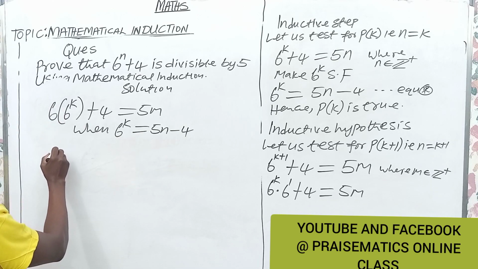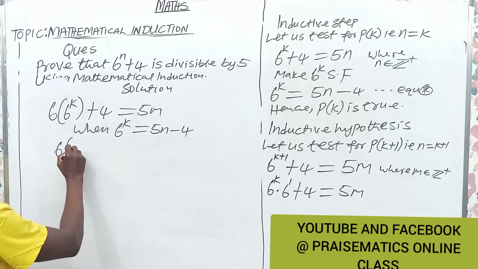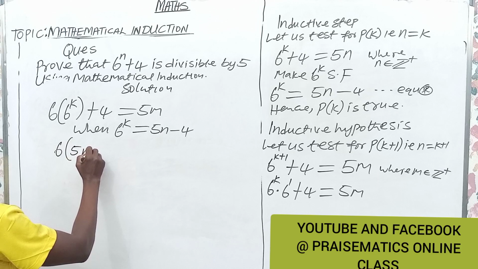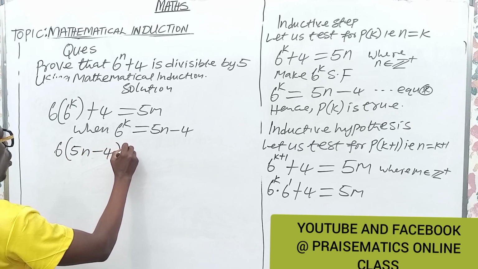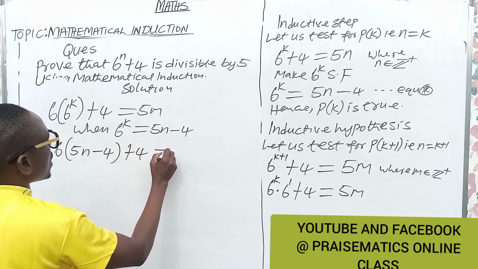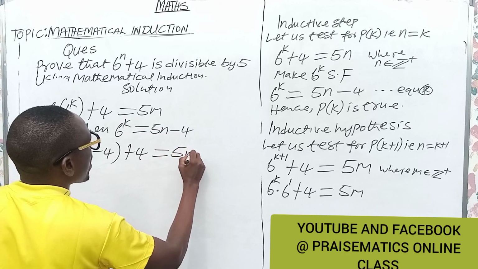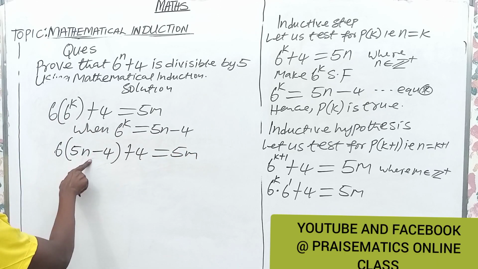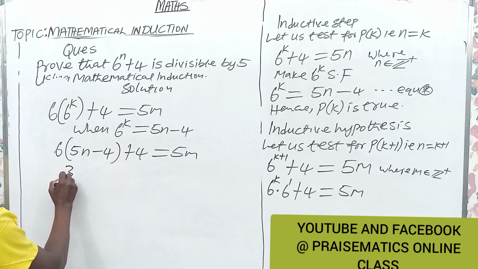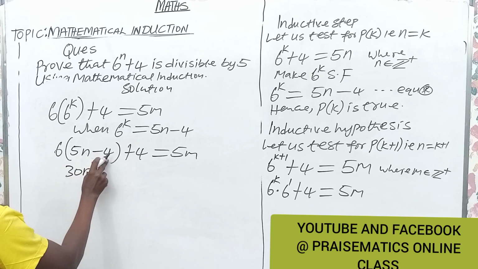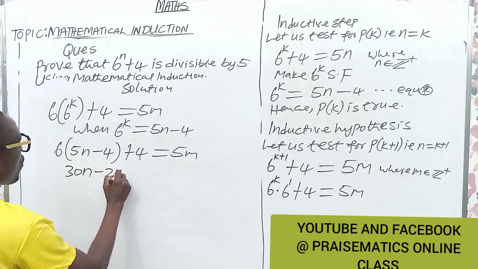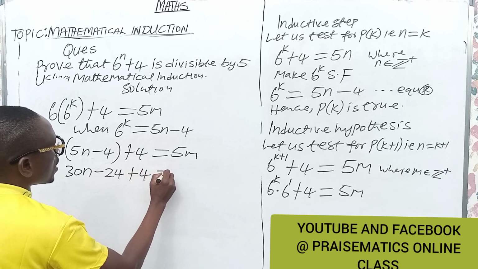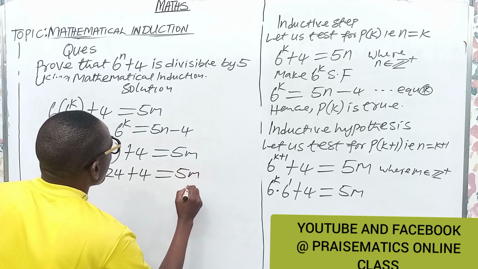Now, what do we have here? We have 6 into 5n minus 4 plus 4. Is it divisible by 5m? Okay, now let's go. 6 times this, we have 30n; 6 times this, minus 24, plus 4. Is it divisible by 5m?